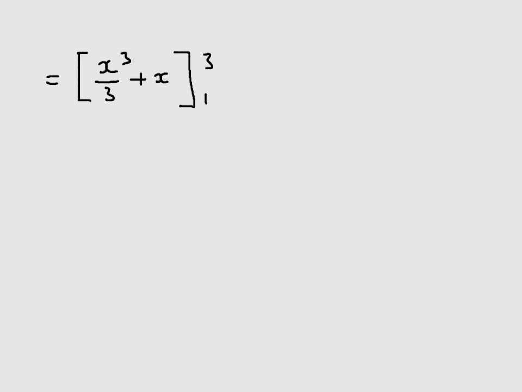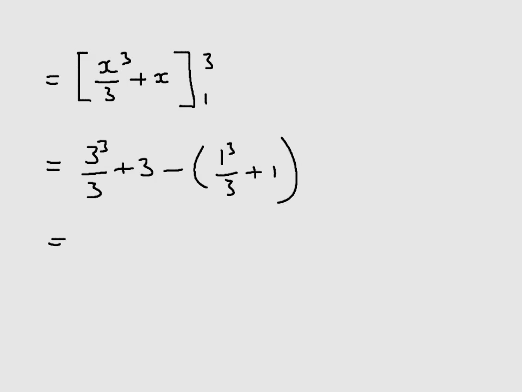So, evaluating this will lead us to 3 cubed over 3 plus 3 minus 1 cubed over 3 plus 1. This leads us to 27 over 3 plus 3 minus 1/3 minus 1.